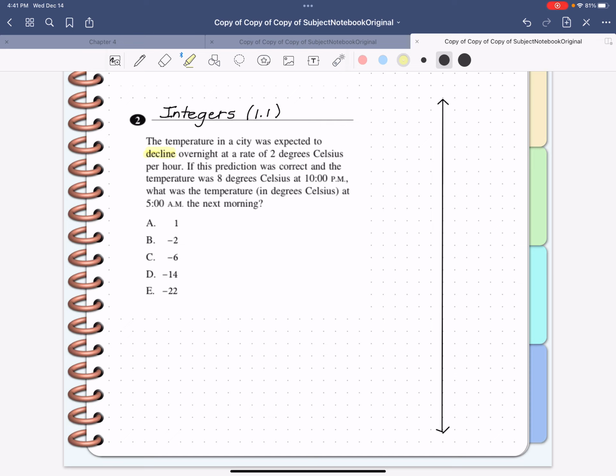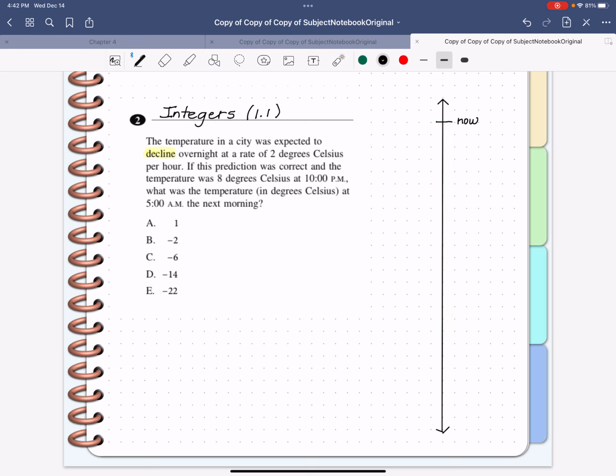So that means that the temperature is going to do what? It's going to fall. It's going to drop. It's going to go down overnight. So we are starting up here at a current temperature, and overnight the temperature is expected to drop.